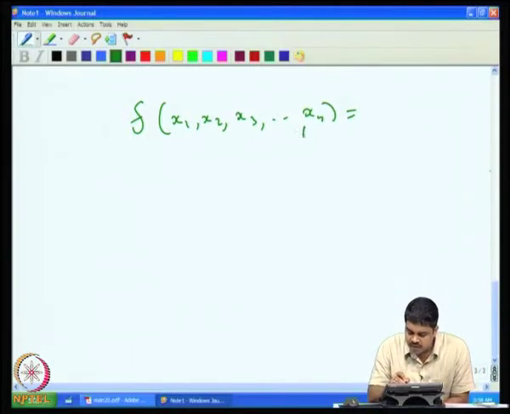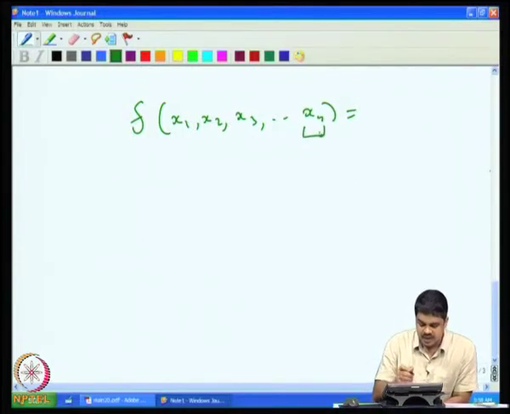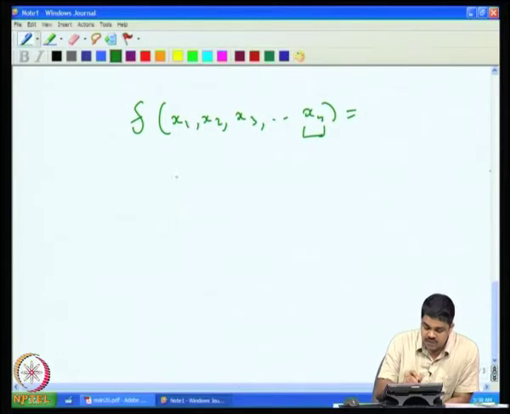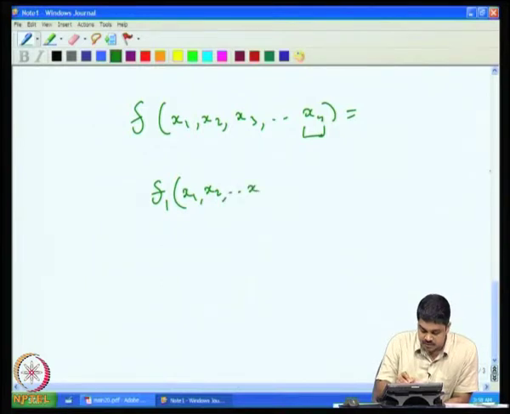In this polynomial we can separate xn, and in fact it can be expressed as a polynomial in xn alone, where the coefficients are polynomials in the remaining variables x1, x2 up to xn minus 1.